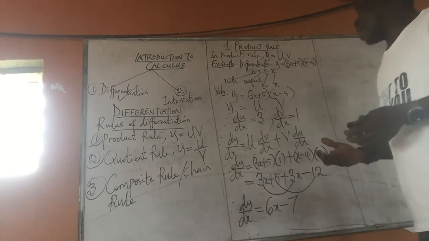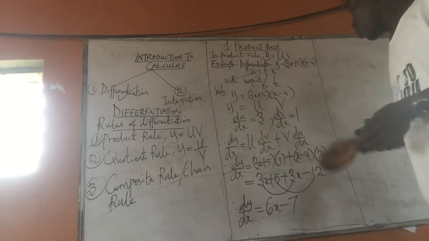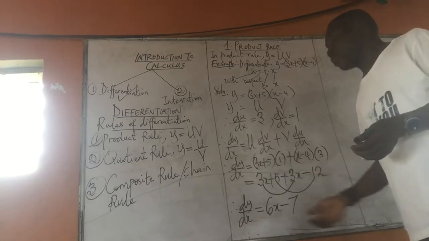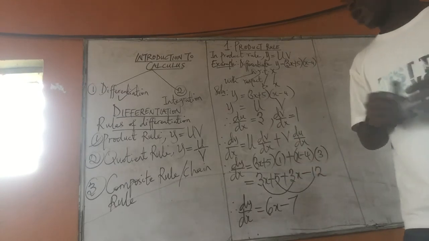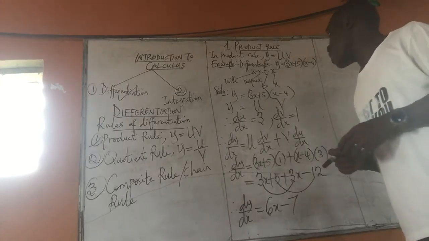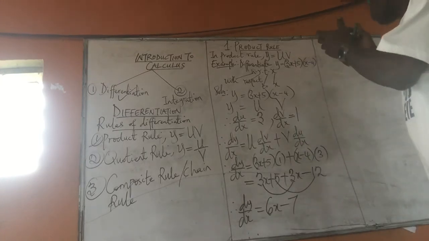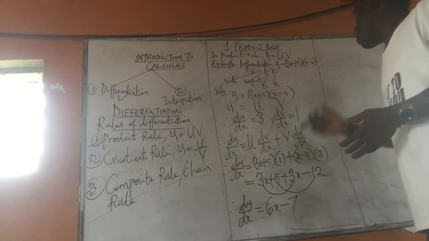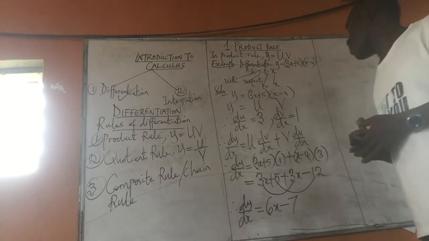By the time you do that, at the end of everything, you will surely end up having the same result. So I hope this is clear. So in our next video, we are going to look at the shortcuts to this.